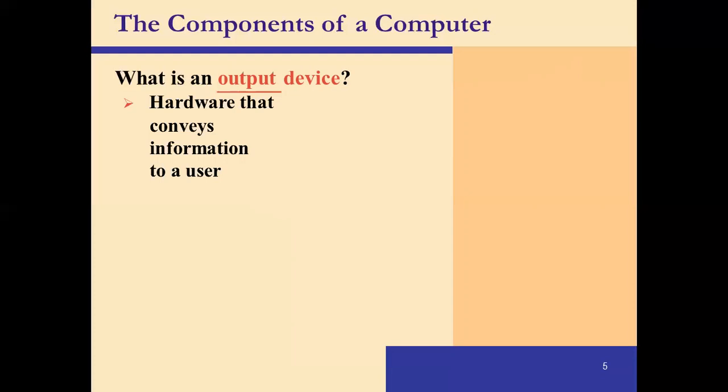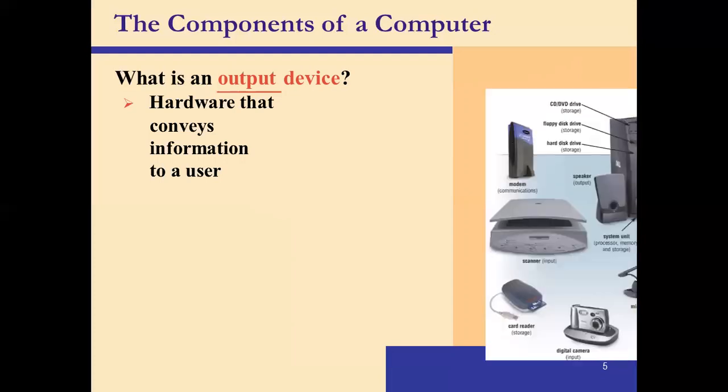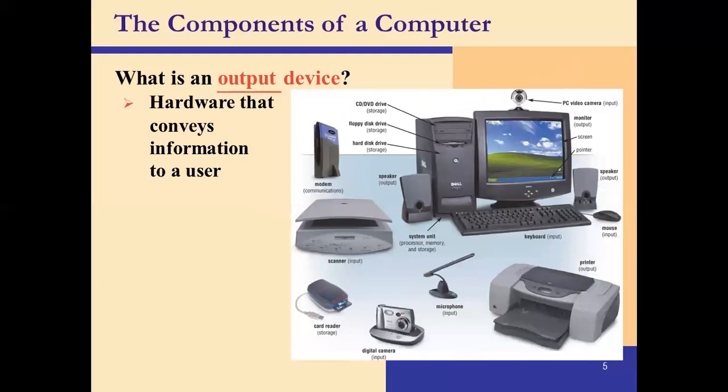Where is the noise coming from? Not the microphone, the noise is coming from the speaker. Oh, you can hear me through the speaker. Okay. A printer. Yes, printer. Okay, these are the output devices. And very good, your answer is definitely correct.